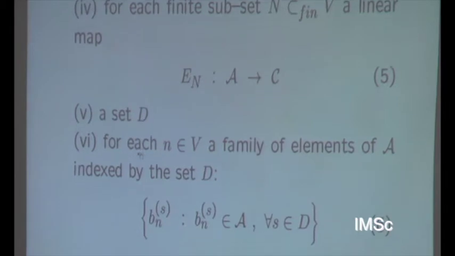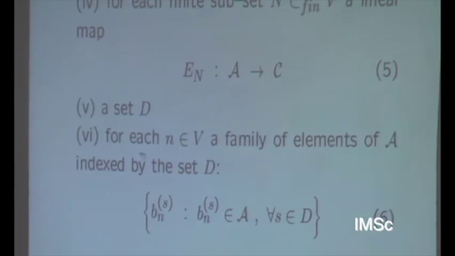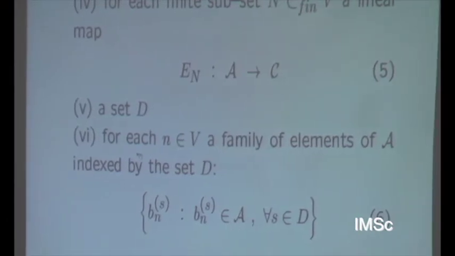Roughly speaking, the set D is the index of the, if you consider a vector valued random variable. In algebraic probability theory, essentially all interesting random variables are vector valued.